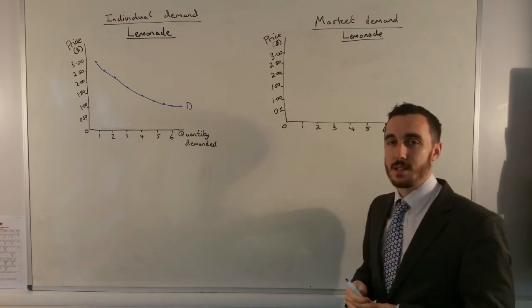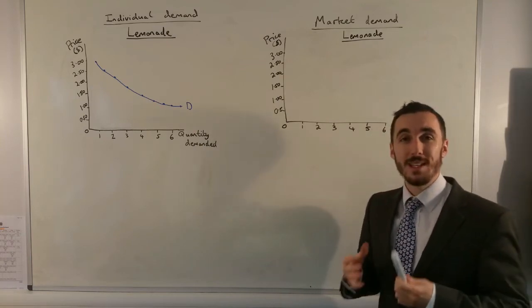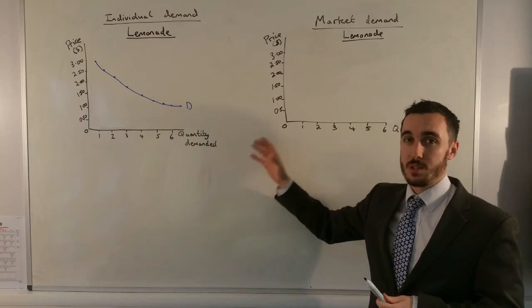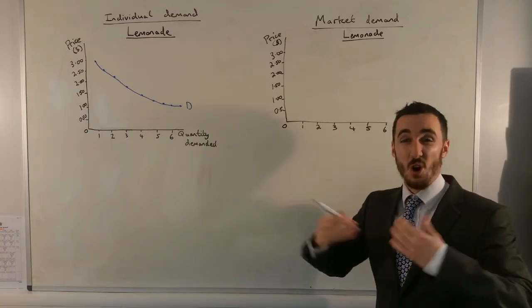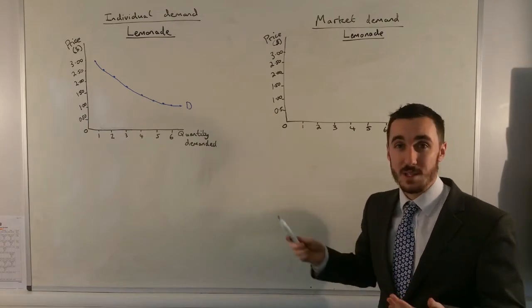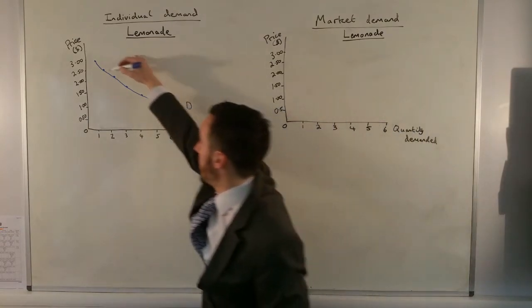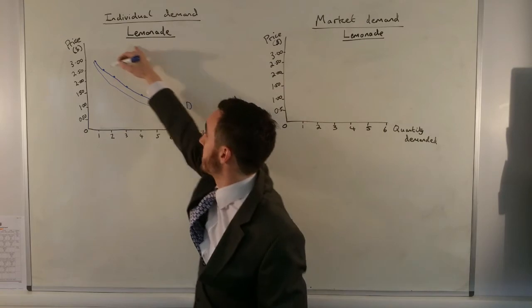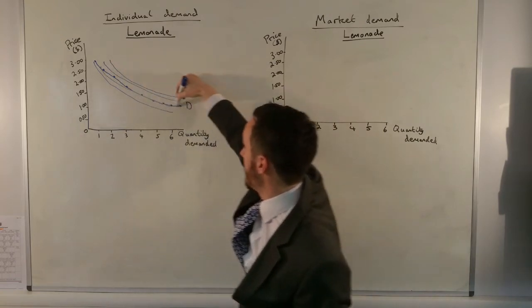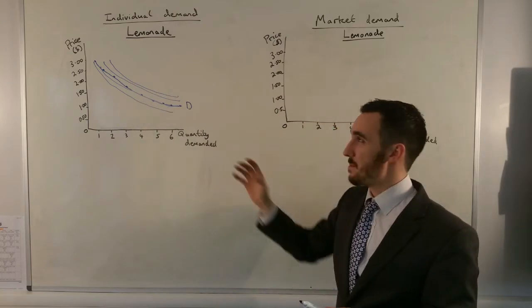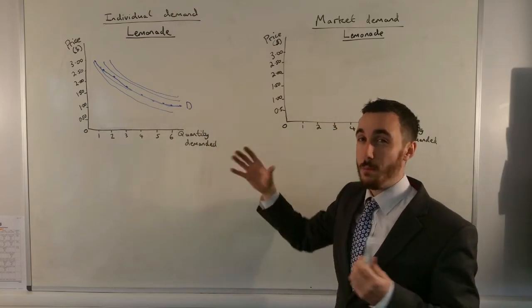Okay, so we've seen the individual demand curve for lemonade, but how can we put this onto a big market demand graph? Well, what we need to do is get all the consumers' demand curves in the market for lemonade. So let's say there's 100 consumers, all with different individual demand curves. Maybe we've got different people looking like this, looking like this, and there's lots of different demand curves here, but we want to get some meaningful data from there for the whole market.